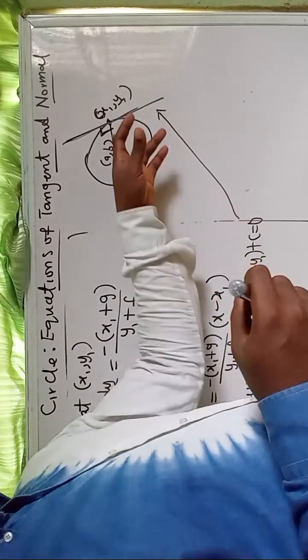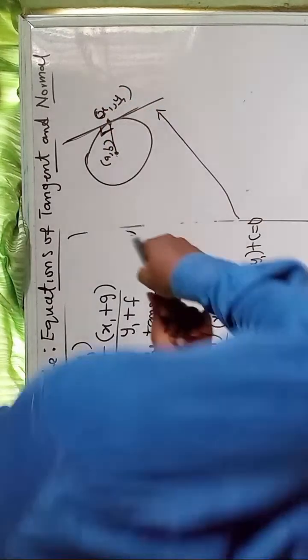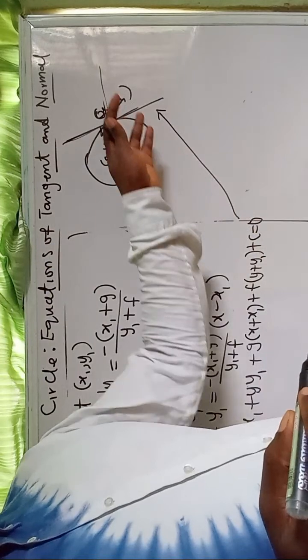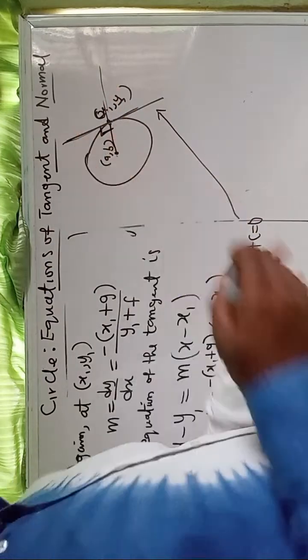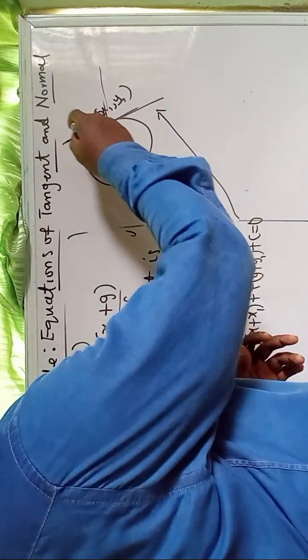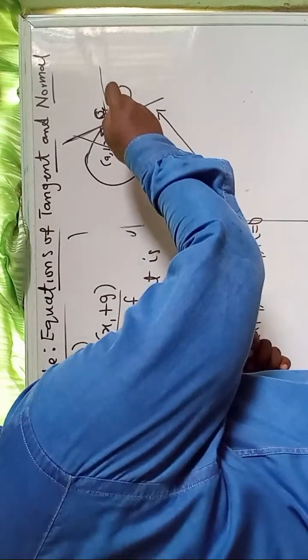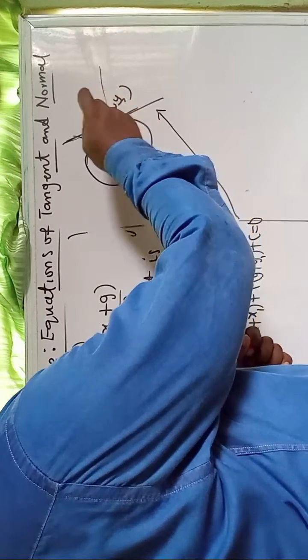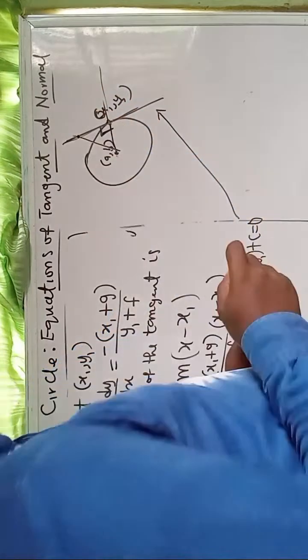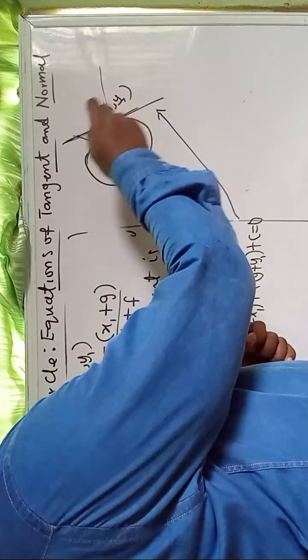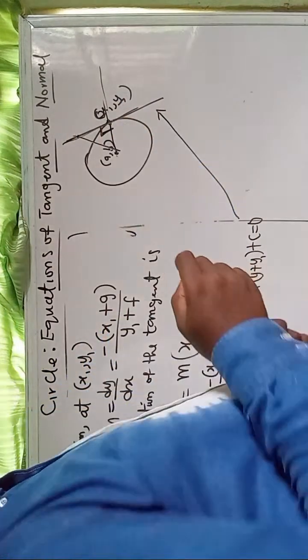Both of them share the same point. Again, this line forms a right-angle triangle with the tangent line, so it is possible for us to know the length from here to here, and for some given parameter, we can determine from here to here and from here to here.